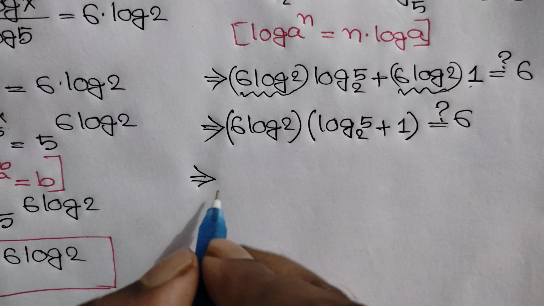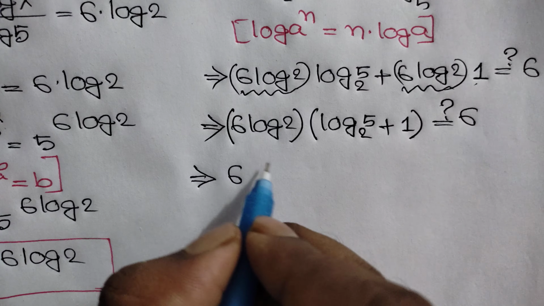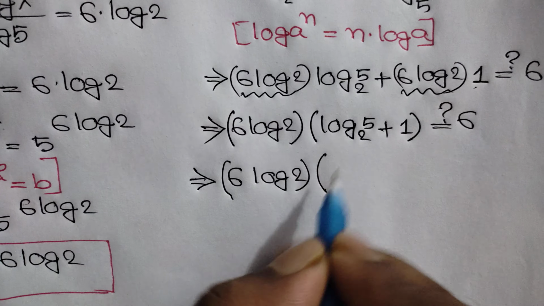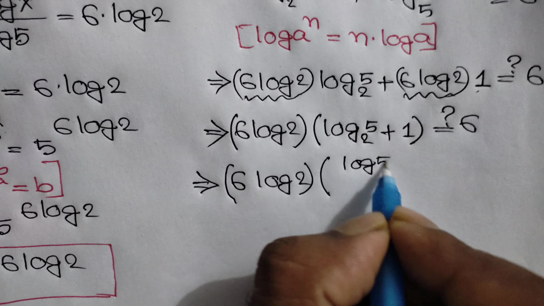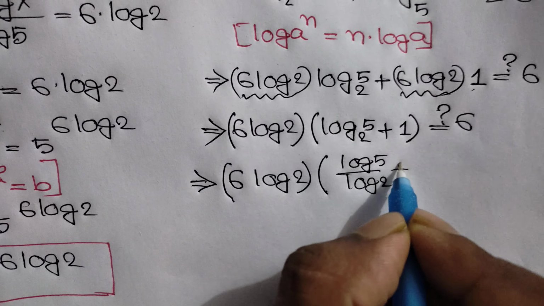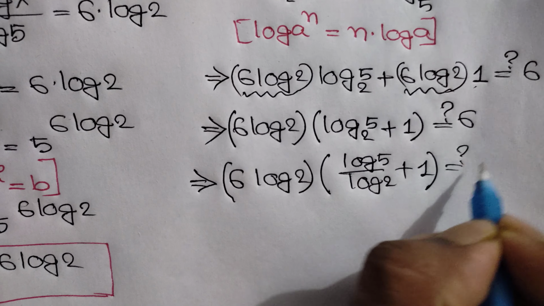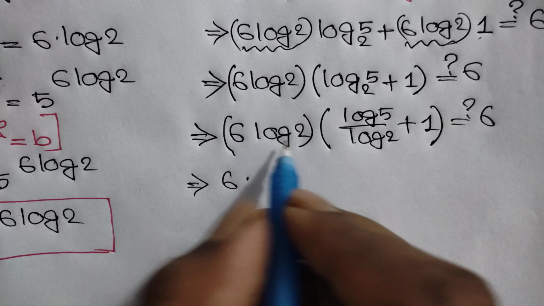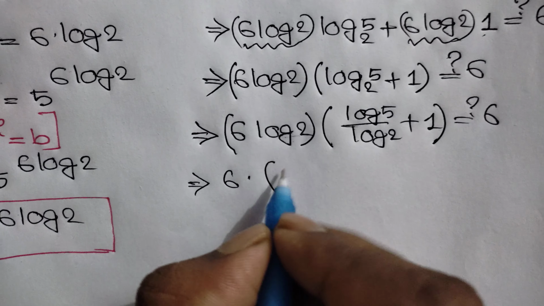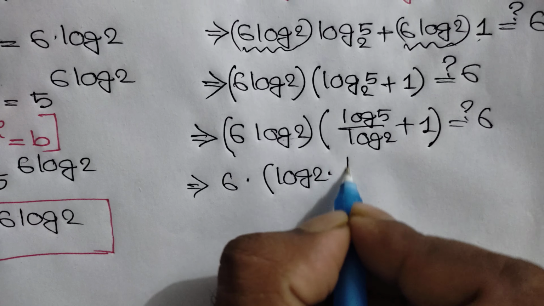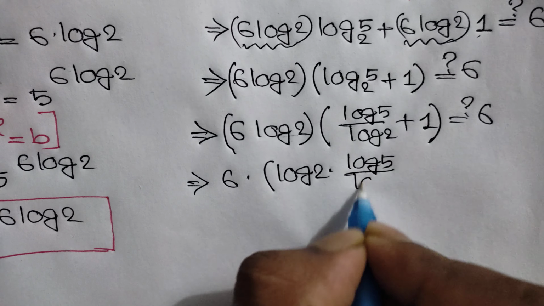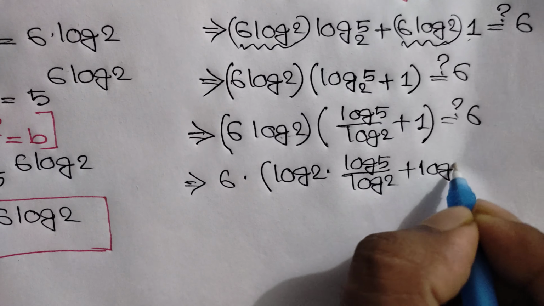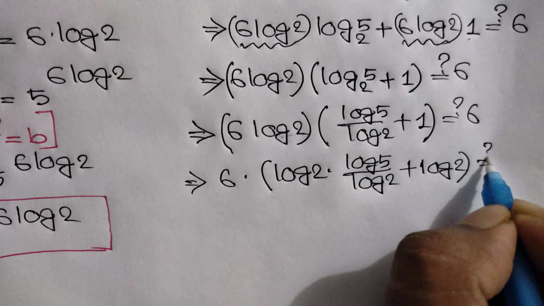Or 6 log of 2 times, now here we can write log of 5 over log of 2 plus 1. Now multiplying this log of 2, here we will get log of 2 times log of 5 over log of 2 plus 1 times log of 2, is it equal to 6?